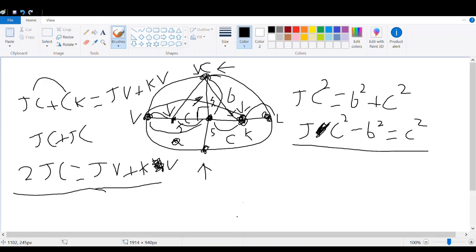Because the two foci are equidistant from the center. So I would say yes, because the two radii are the same length, because the two A values are the same and the two C values are the same. So I'm going to say JV plus JL, because KV and JL are the same.